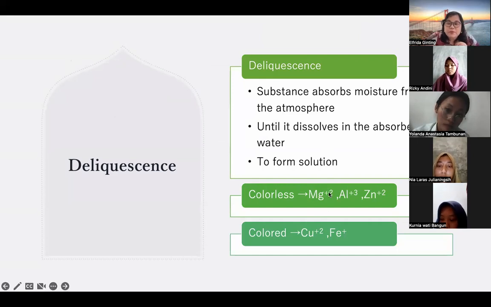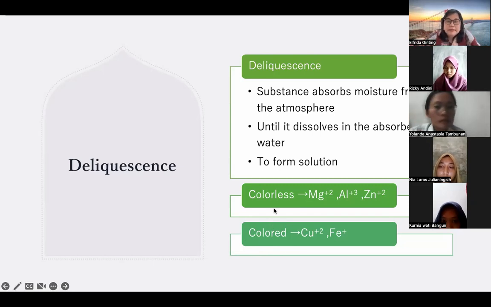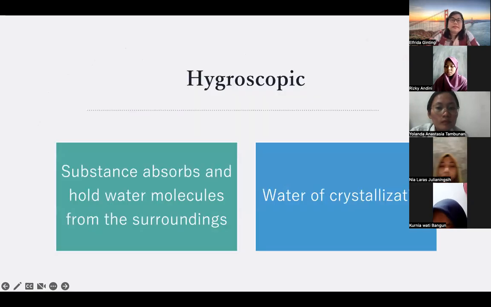For example, magnesium 2+, aluminum 3+, and zinc 2+ are colorless cations. And when we have colored cations, copper 2+ and iron are colored.